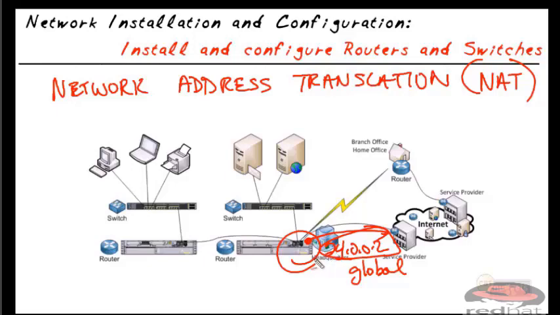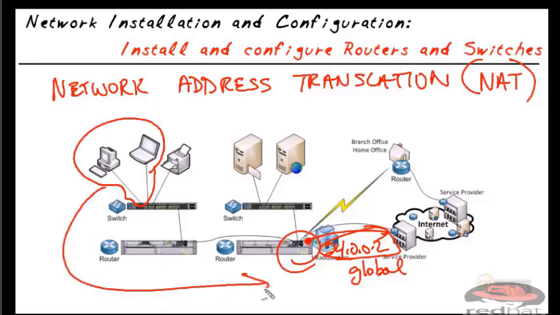And so what we could do is this. The printer really doesn't have to go out on the internet, but the need is for when these computers need to go out to the internet, what we can do is we can tell this router, R2, to go ahead and change out the 10.1.0.X addresses and replace it with a pool.